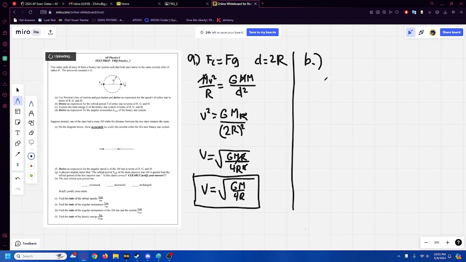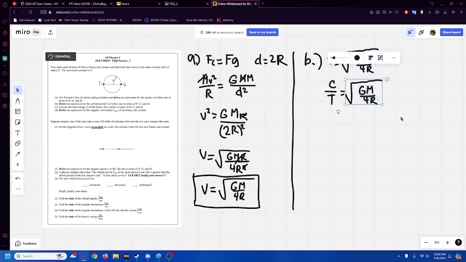Part B asks for time, so we derive v equals the square root of GM over 4r. And v is the same thing as circumference over time. So we cross multiply.